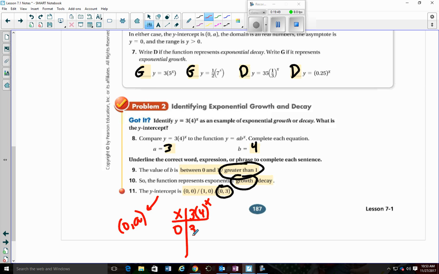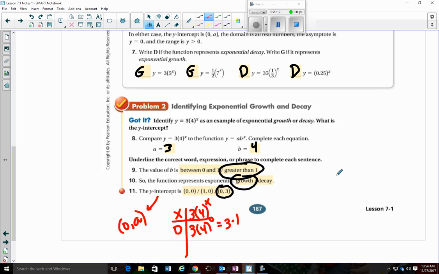If I plug that in, what is 4 to the power of 0? 4 to the power of 0 is 1. Anything to the power of 0 is 1. So 3 times 1 would just be a 3. Okay? So that's why it's always the number in the front, because this value will always be 1, and 1 times whatever will just be whatever.